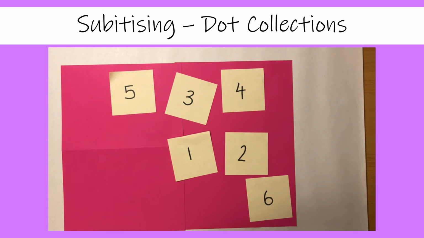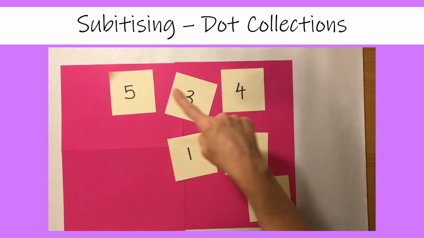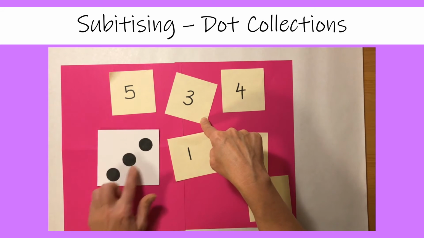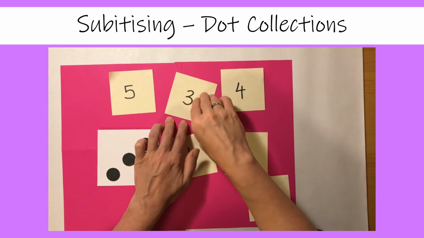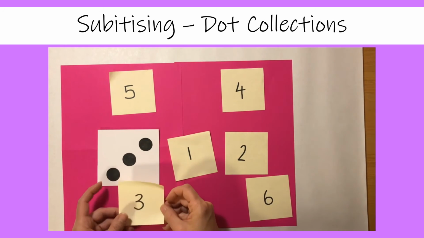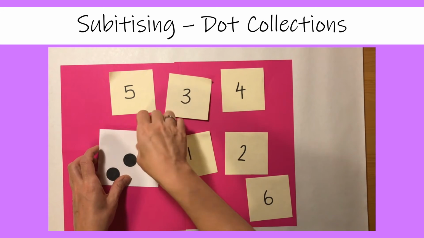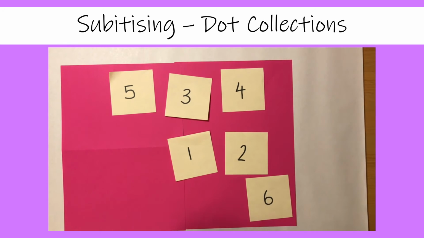Can you point to it? Did you point to this one? Yes, that's 3. Here I have 3 dots, and this is the numeral 3 that represents that quantity. Okay, let's have a look at another one.